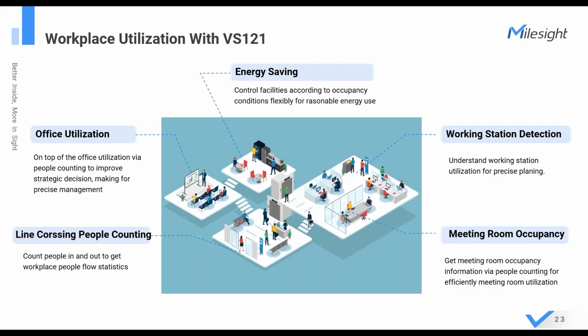Let me explain the scenario shown in the picture. At the entrance, VS121 could be mounted to do simple line-crossing people counting and collect the visiting rate of the office building daily, weekly, and monthly. And then in the office utilization, you could adopt VS121 and mount it on the top of the meeting rooms to detect the room occupancy data.